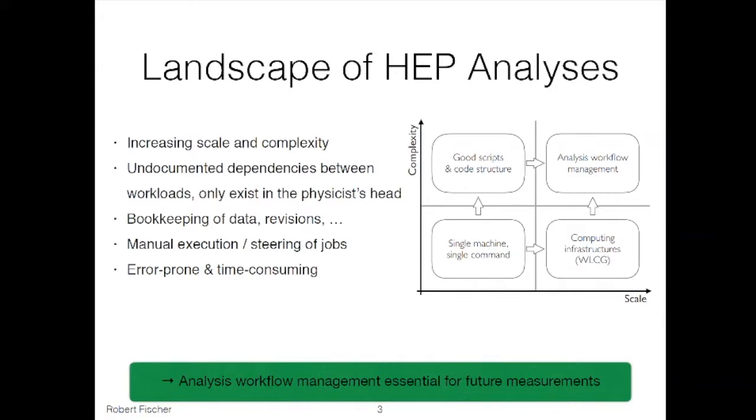And if we do this with small data sets, we can cope with this if we have good scripts, if we share our code with repositories, we can handle it. But if we have large scale and high complexity, this becomes more difficult. And I think this is the sweet spot where workflow management systems can help us.